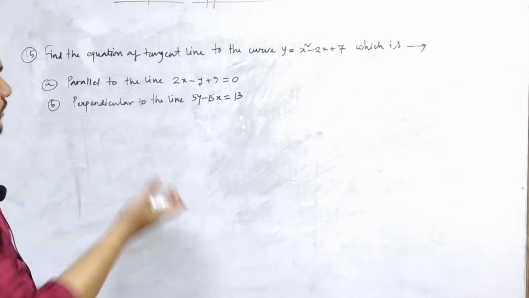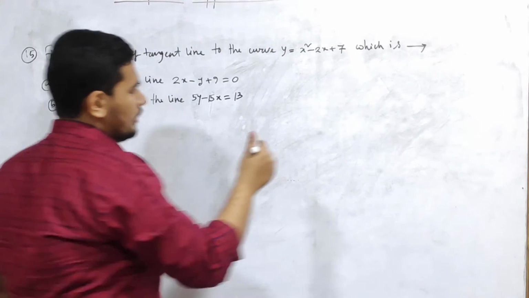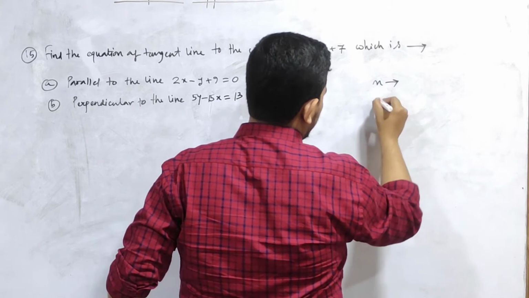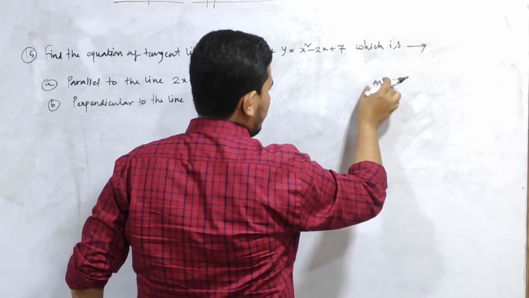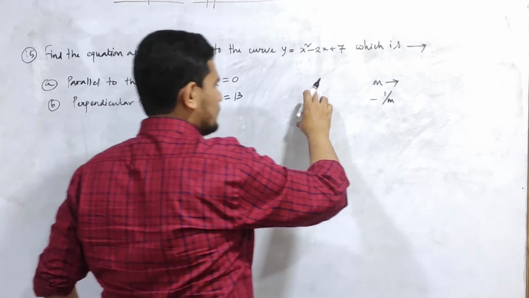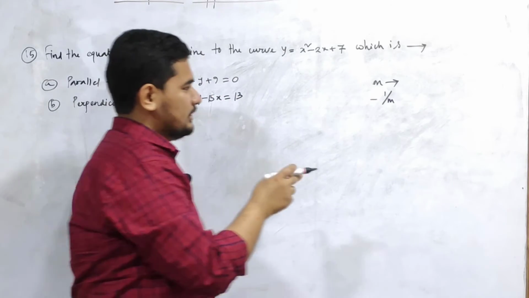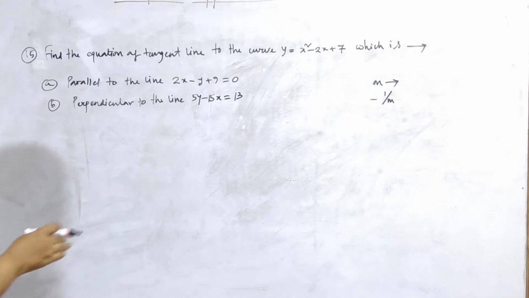You can also find out the normal by the process I have already told you. Like if you find out the slope of tangent as m, you can get the slope of normal as minus 1 by m. Only you have to put m in case of tangent and minus 1 by m in case of normal. So this is the basic difference, but the process for both these types of problems is always the same.